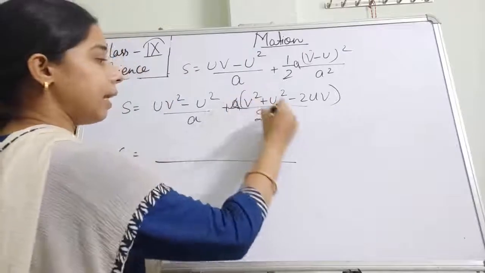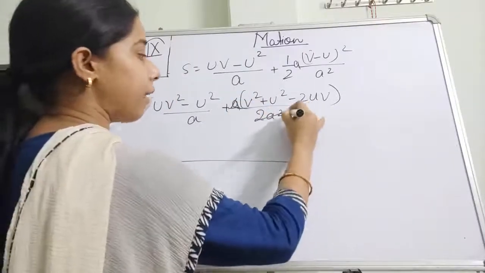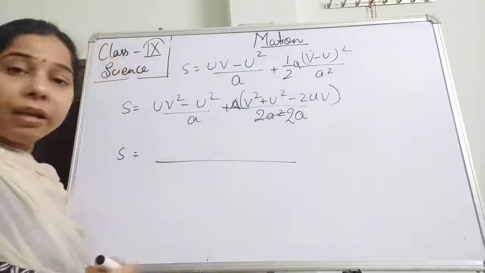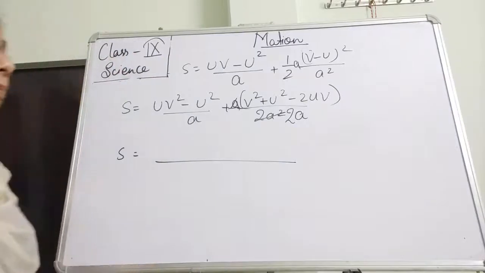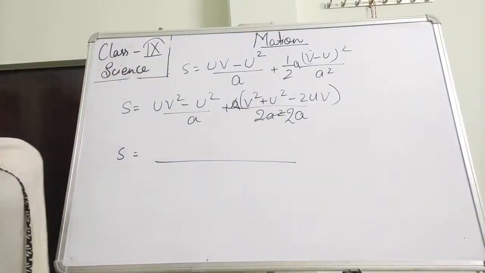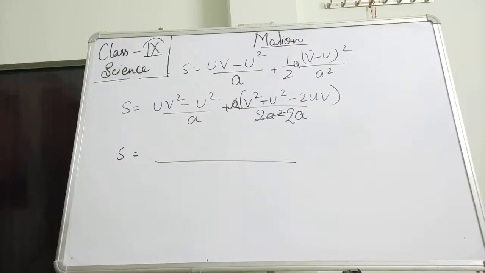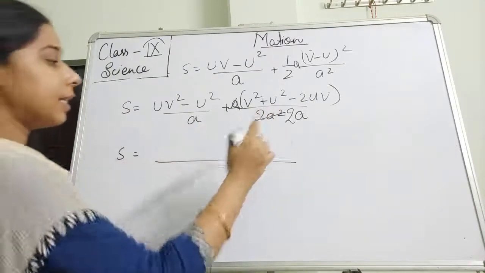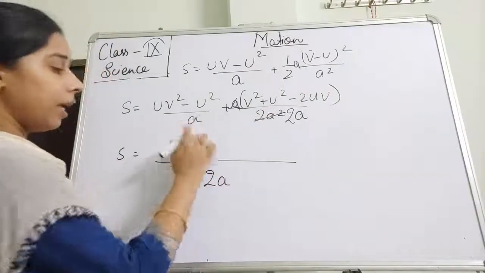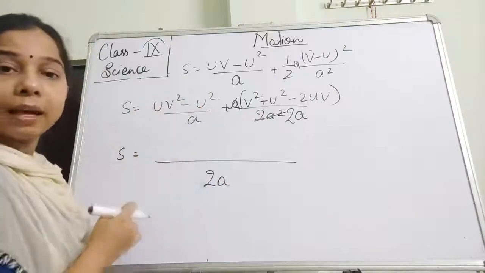Now this a and this a will cancel each other, and finally only 2a will be left as it is. Now after taking the LCM, it will be 2a. A is already there, so 2 will multiply in all of this.